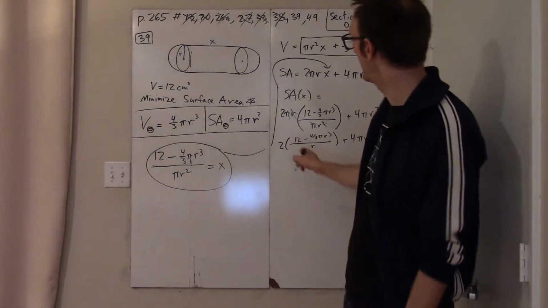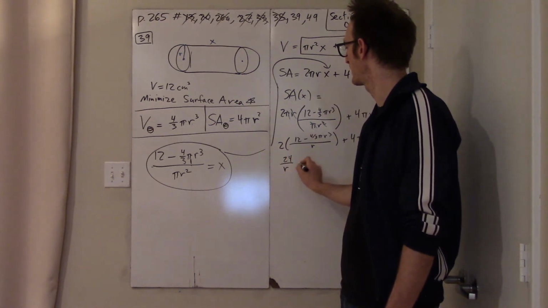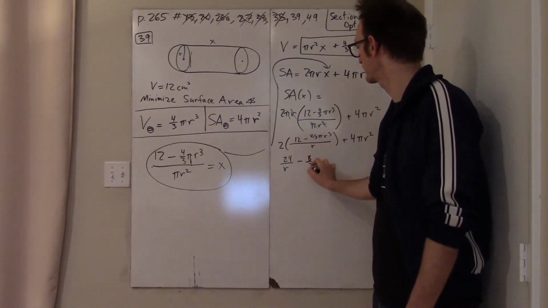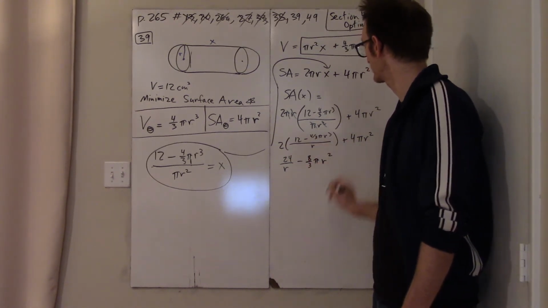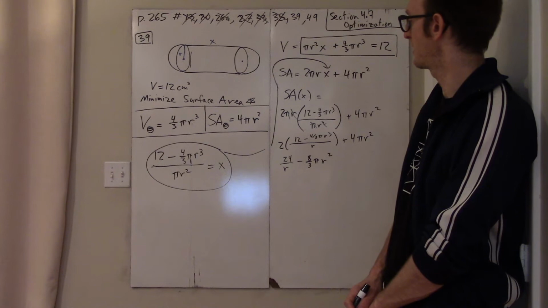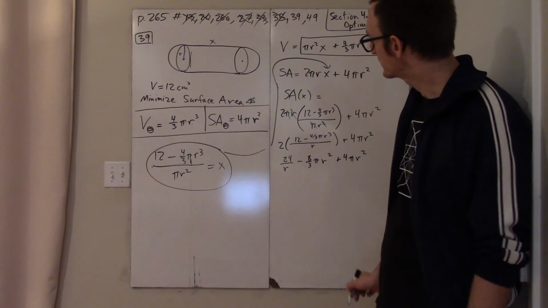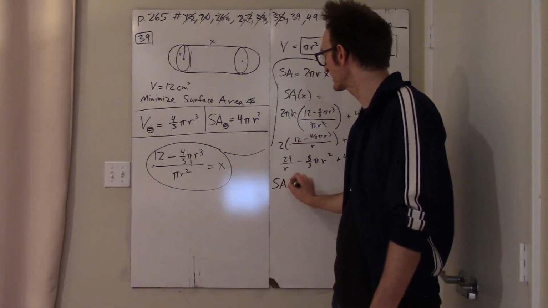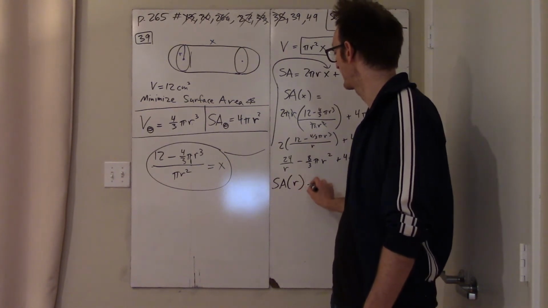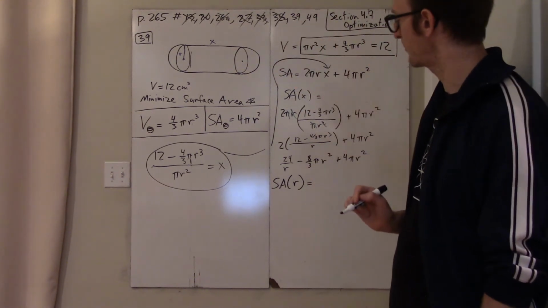Keep on going. Distributing the 2 and splitting things up, this gives me 24 over r minus 8/3 pi r squared, plus 4 pi r squared. Just making sure I'm doing this right. So all of this work was a lot of basically geometry to get to the point where I now have a formula for the surface area of my capsule as a function of r.